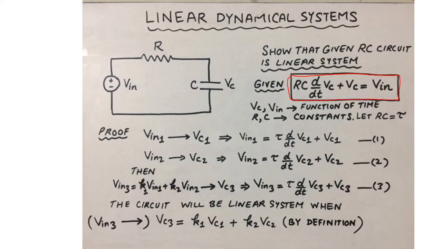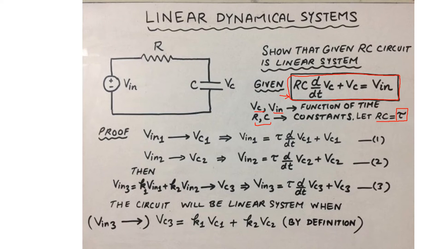How to derive this differential equation will be discussed later on, but assuming that this differential equation is given, it describes a relationship between the input V in and the output VC, and obviously there are some coefficients described by the value of resistance and capacitance. And we can say that the product of resistance and capacitance defines the time constant tau, so that the two can be lumped into a single parameter.